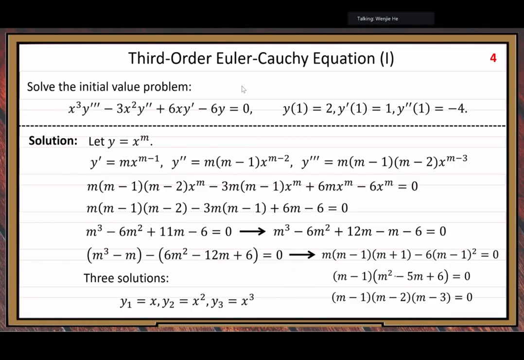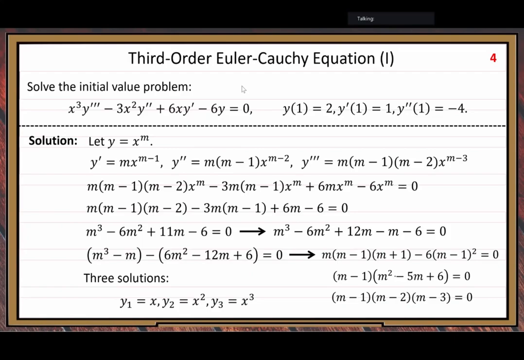But here, in this example, I try to give you good numbers. When we choose the coefficients, I like to let you find nice numbers for the m variable. But in general, you may not have nice numbers, especially in real world applications.